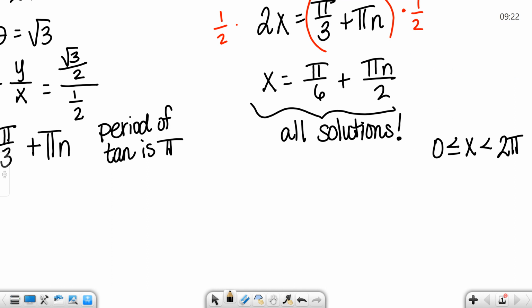Remember, we want our x values to be anywhere from 0 to 2 pi. So now we have to decide what n values will make that happen. Well, let's say n is 0, like we don't go around at all, we just use the first value that we came to.